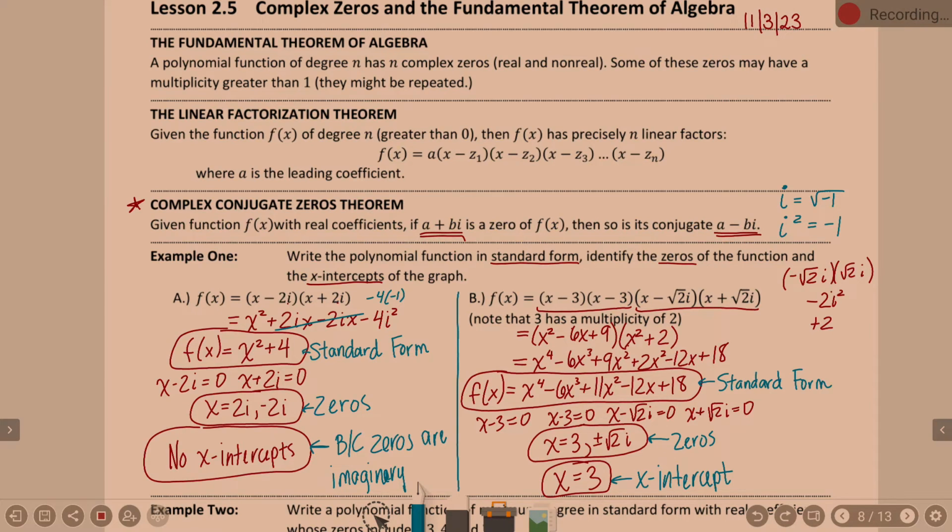Example 2 asks us to write a polynomial function of minimum degree in standard form with real coefficients whose zeros include -3, 4, and 2 minus i. Okay, you ready? Yep.